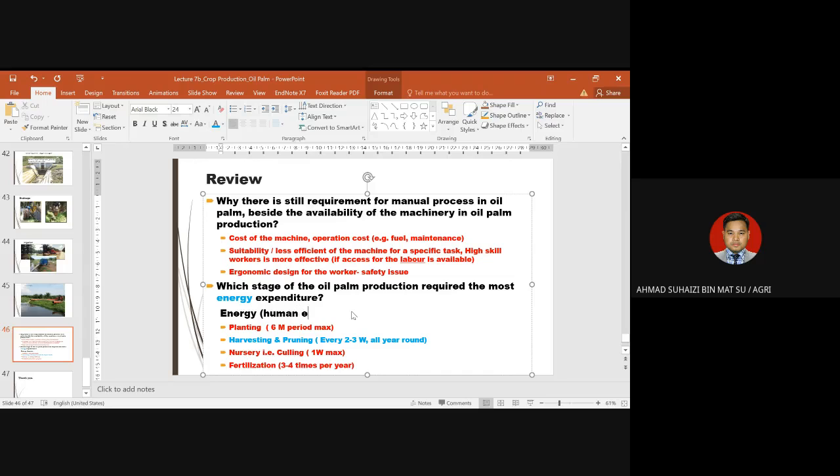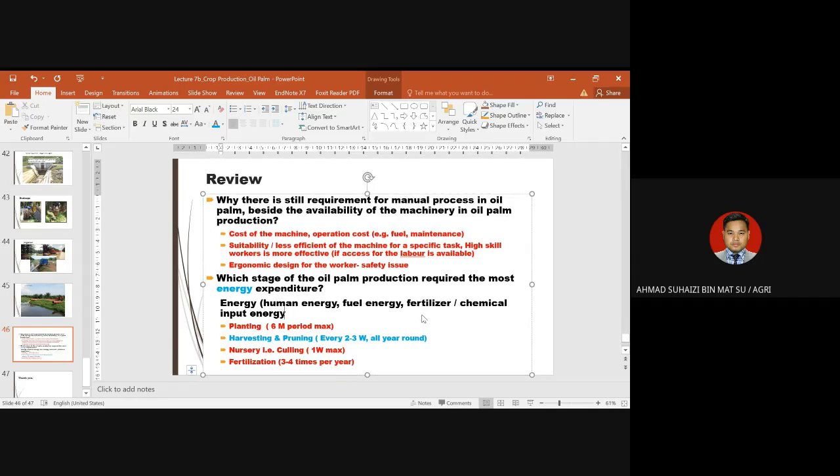Okay. Human energy, fuel energy. Fuel, diesel, because they need to transport and so on. What else? Fertilizer. Okay. So these are the categories of energy that you may want to consider.